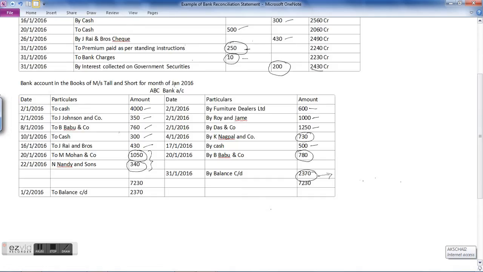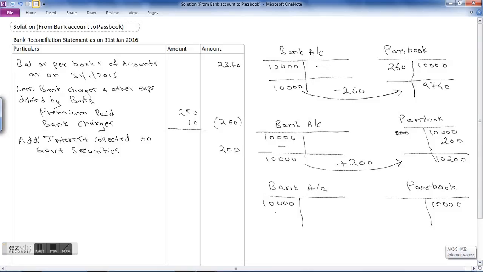Correct? Now 1050 and 340, what has happened is it has been debited to your bank account. So 1050 and 340, but there is no entry in the passbook. So here the balance remains 10,000, whereas here the balance becomes how much? 11,390.